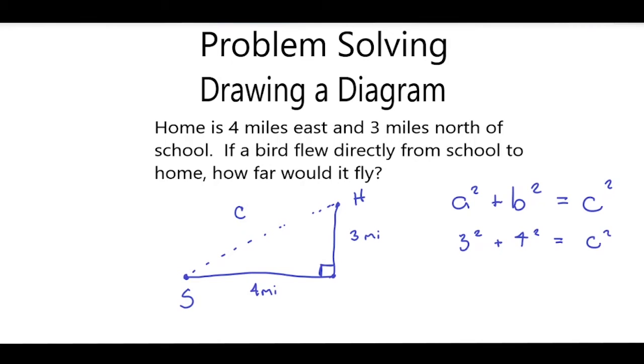Well, 3 squared is 9 plus 4 squared is 16 equals c squared. 9 plus 16 is 25, and that equals c squared. Well, I need to take my square root of both sides, and that means that c is equal to 5. All right? So c will equal 5 miles.